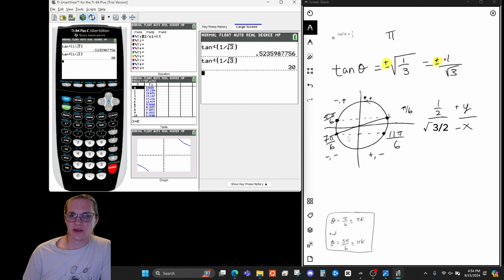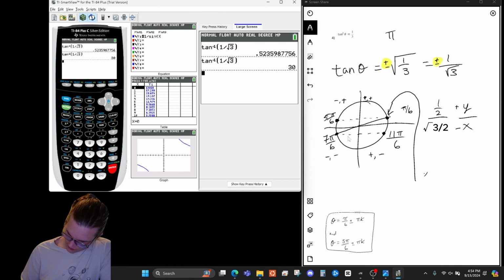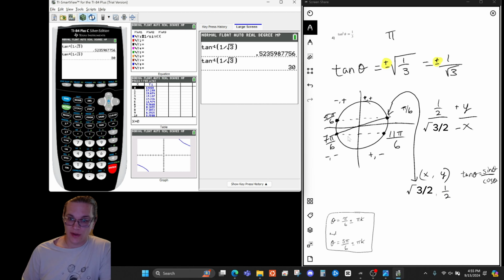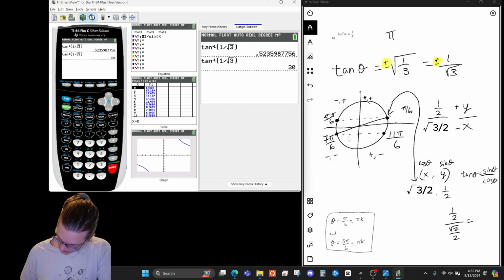So when we looked at this plus or minus, we considered this position on the unit circle, which is where x, y equals √3/2 and 1/2. Because tangent equals sine over cosine, and when you put this sine or y value over the x, you get 1/√3, okay?